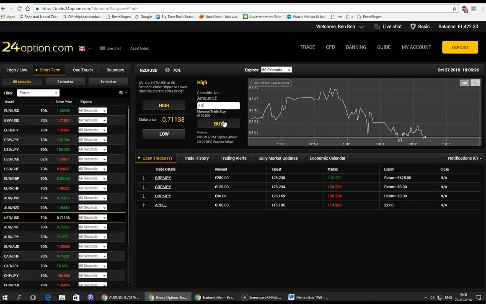So I think I'm going to go with this trade. Or not. Breaking support. Wow. It broke support.